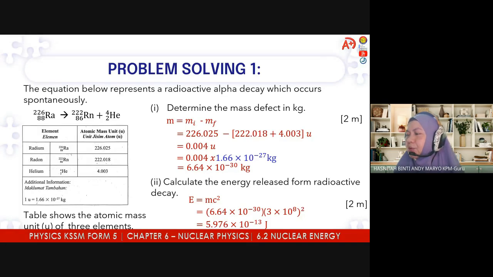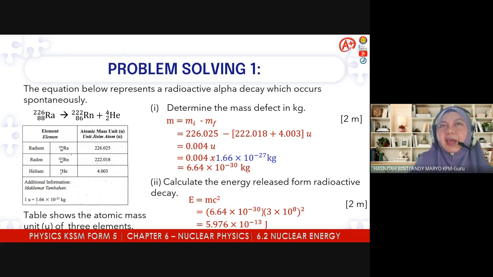They give you all the atomic mass units for uranium 235, barium 141, krypton 92, and neutron. So there are products: barium, krypton, and neutrons. For the reactants, we have uranium and neutron.